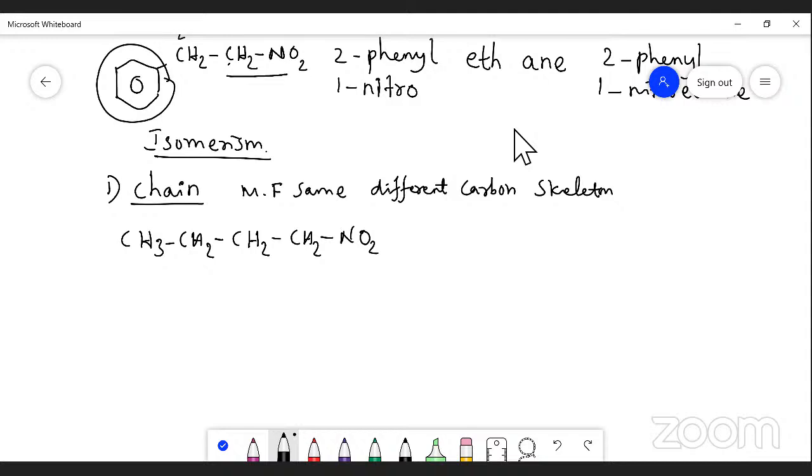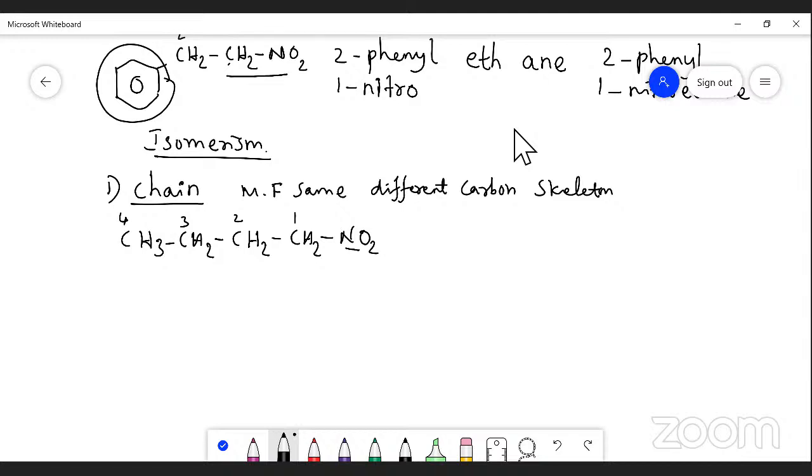You have to check which position the nitro group is attached to. Here the nitro group is the functional group. This is the first carbon, second carbon, third carbon, and fourth carbon. How can you give a name? Here the nitro group is attached at the first position.